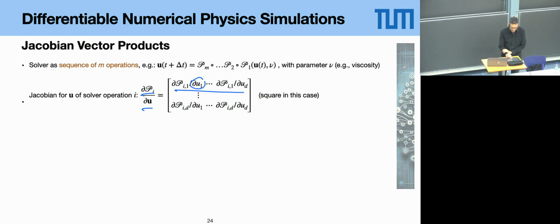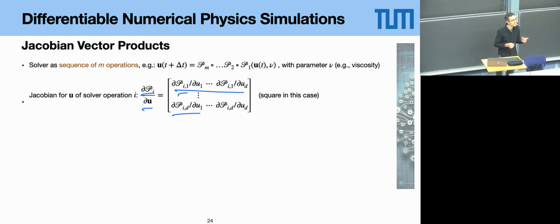So U1, U2, U3, until, in this case, UD for a d-dimensional vector U. So that's the first row, and the second row, the same happens for the second dimension of P, and so on, all the way till the dth dimension of P.